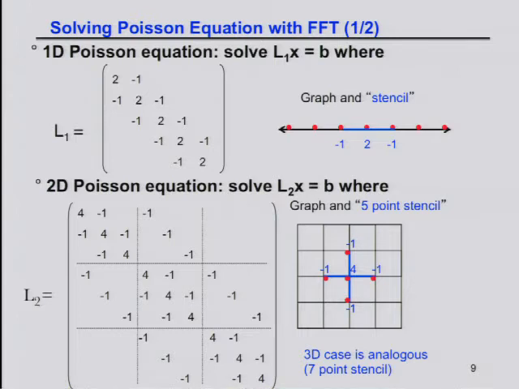But I need that to build the two-dimensional matrix. So here's the two-dimensional matrix times a vector, and I want to solve that for x. Basically it says it's a derivative in the x direction, -1, 2, -1. And then I add the derivative in the vertical direction, -1, 2, -1. So I get 4 on the diagonal.